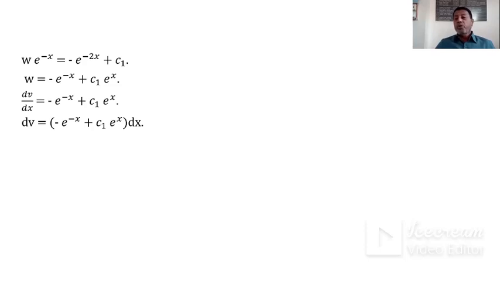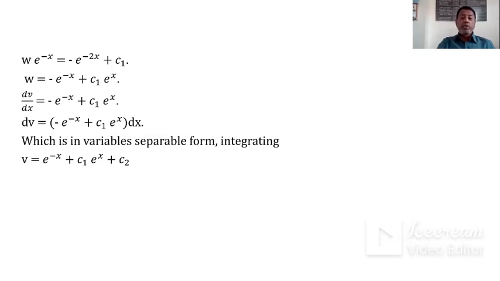Again, in this equation, we write w = dv/dx, and we obtain a first order, first degree differential equation in v and x. Now take dx to the right hand side, then this is in variable separable form. Integrating, we obtain this. Simple integration is there. Therefore, we obtain v = e^(−x) + c1e^x + c2.